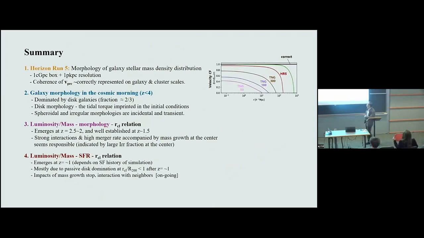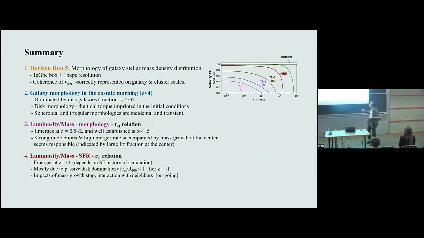Okay, to summarize, we used Horizon 5 simulations to study the empirical relations we found for cluster galaxies. At high redshift, the luminosity, mass and morphology relations with cluster-centric radius start to appear around z of 2.5 and become established at 1.5.